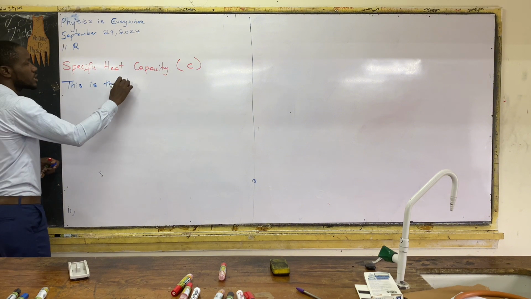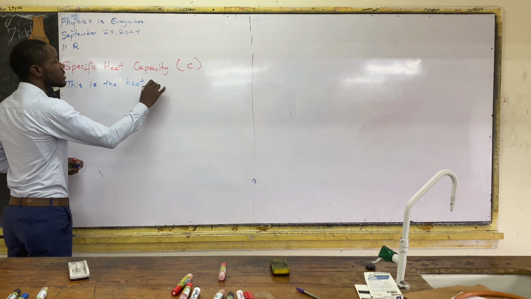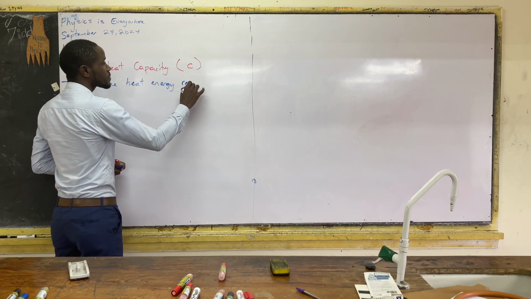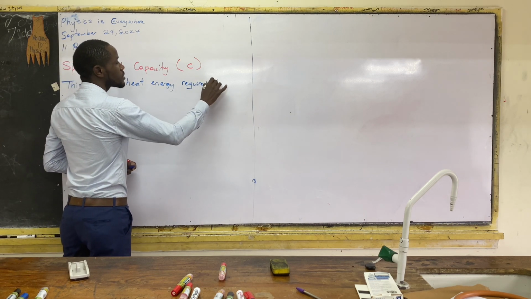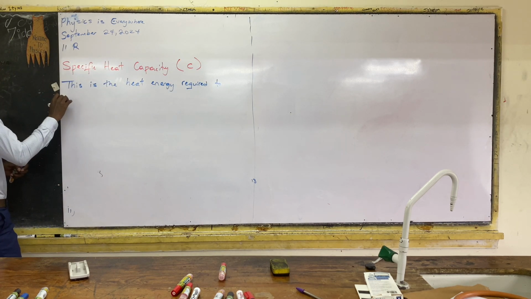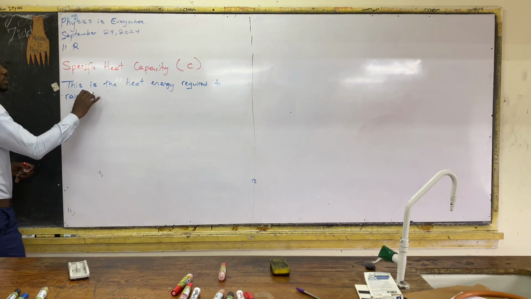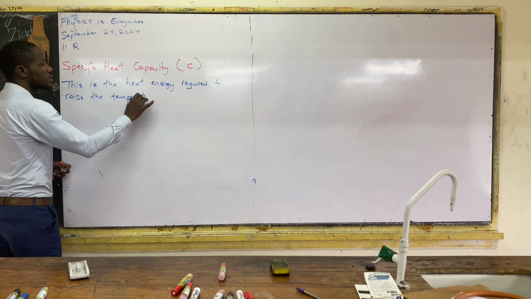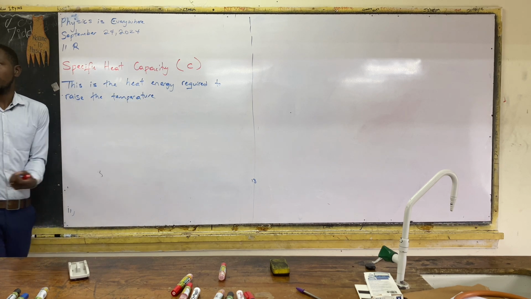So for the specific heat capacity, we say that this is the heat energy required to raise the temperature. And again, we have to be specific in terms of what mass of the substance.